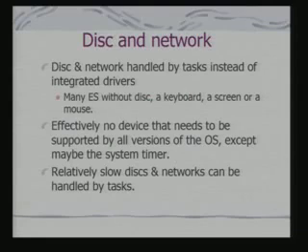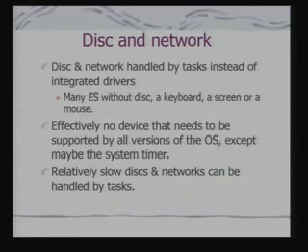The other issue is management of disk and network. Not all embedded systems have a disk and they are not all connected to a network. But general purpose computing systems invariably have disk and network connectivity. So these two aspects are always made part of a general purpose operating system.